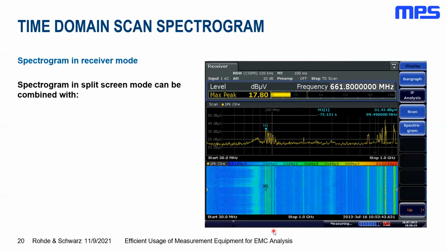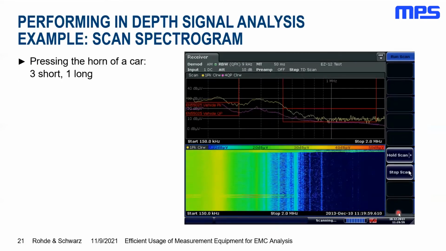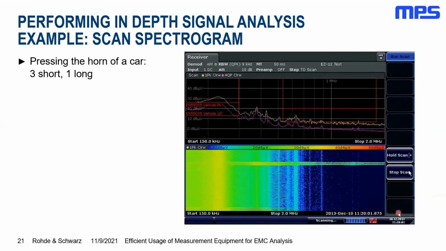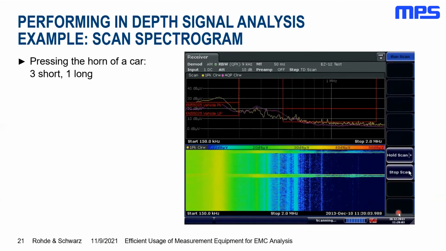What's very nice to see is the spectrogram. So to get a time domain scan and the representation of the spectra over time, so the amplitude over time. We're seeing now the amplitude is coded in color. We're seeing the time on the y-axis and still the frequency on the x-axis. And in this video, we're seeing a car that's blowing its horn.